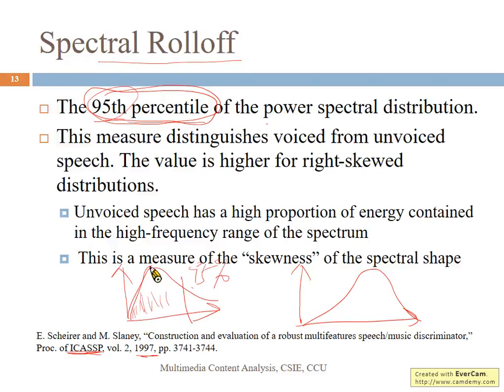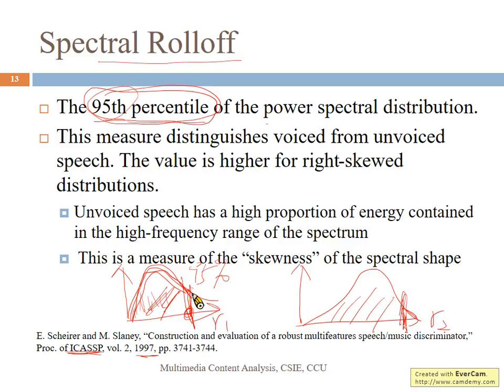In this case, we may accumulate the energy until here, and this value is called the spectral rolloff. For this distribution, the 95th percentile may be here. So this is the spectral rolloff R1, and this is R2.